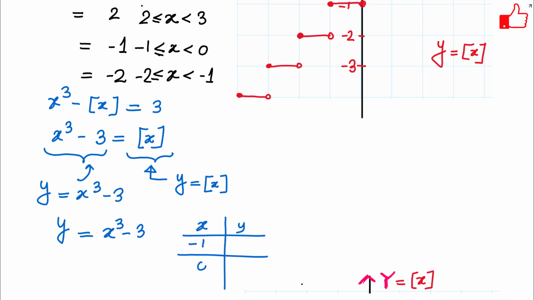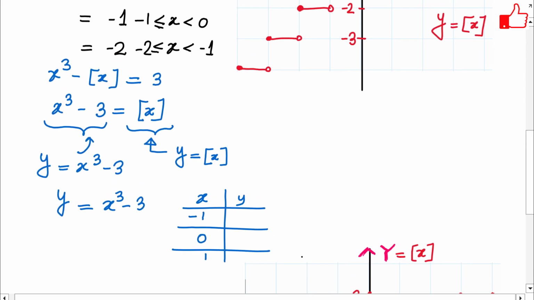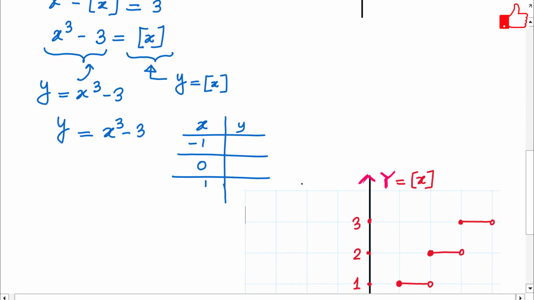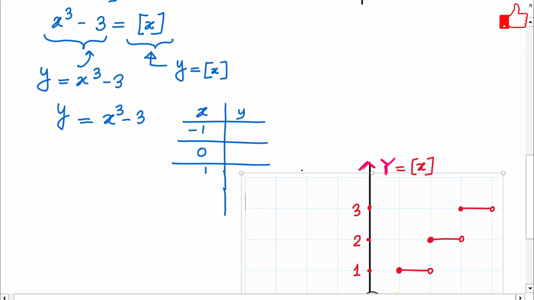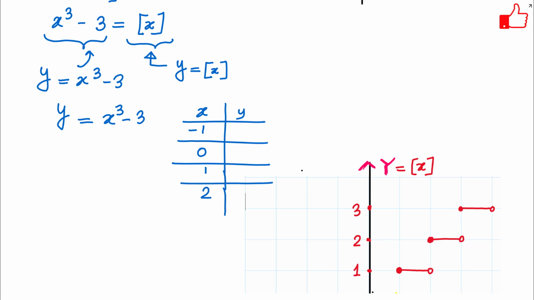I will consider x equals 0, x equals 1, or you can consider some more points, for example x equals 2. So when you consider x equals minus 1, y will be minus 1 cube minus 3, this is minus 4.